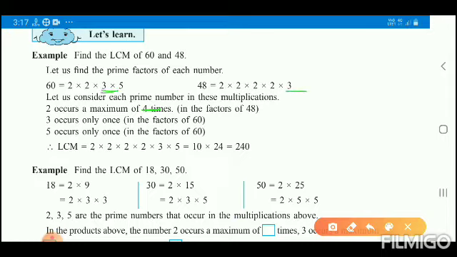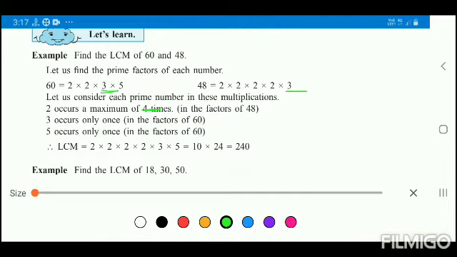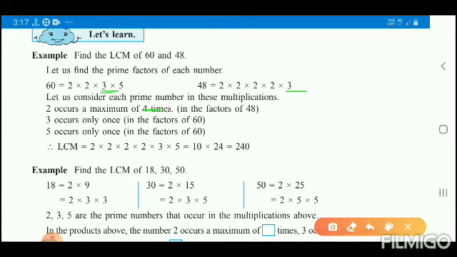So the maximum times it occurs is 1 time only. And 5 also occurs only once, in 60's factors, 1 time just only. There is no 5 in the factors of 48.